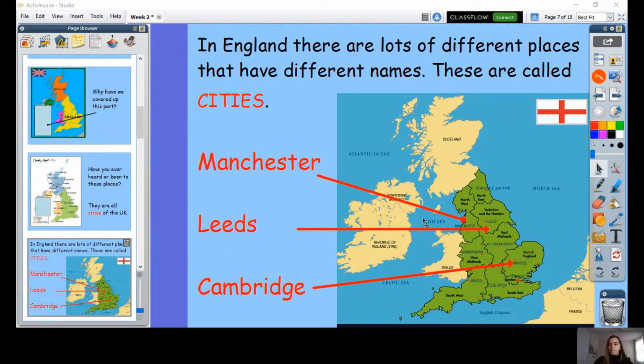We have Manchester, which is up north, as well as Leeds, Cambridge, Bristol, Birmingham, Newcastle. We have London. We have as well Guildford. You've probably all been there before, or you might have some family who live in those cities.